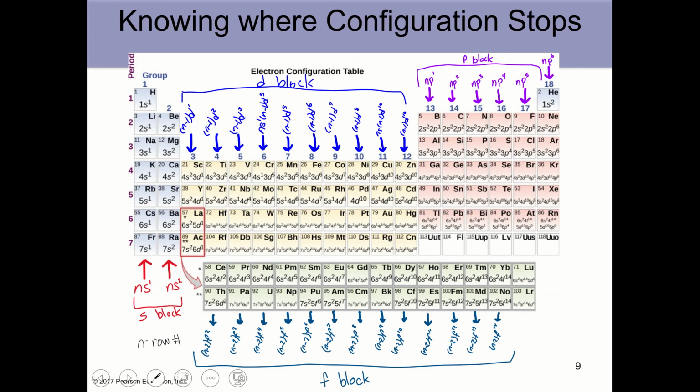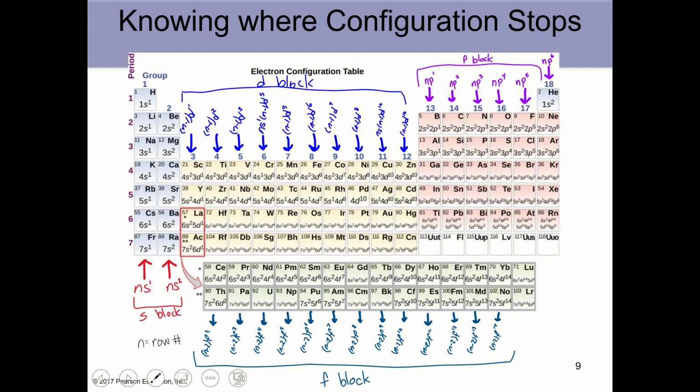Those are weird ones. Cadmium in row 5 would end its electron configuration at 4D10 because it's in the 10th column of the Ds and it's in row 5, and 5 minus 1 is 4, so it ends at 4D10.